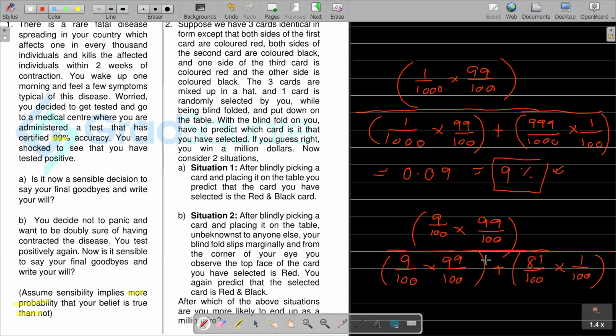Absolutely right. Now everyone calculate and tell me how much percentage is this? Sorry, 91. I'm so sorry. This is 91. My bad. Everyone calculate and tell me how much probability is it that you have the disease after the second test?